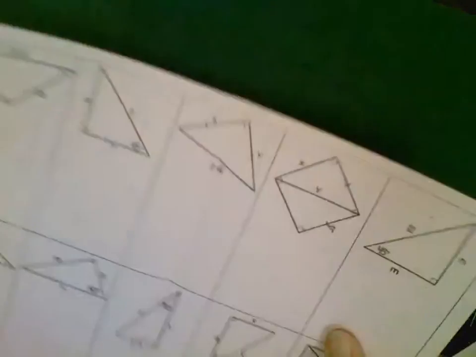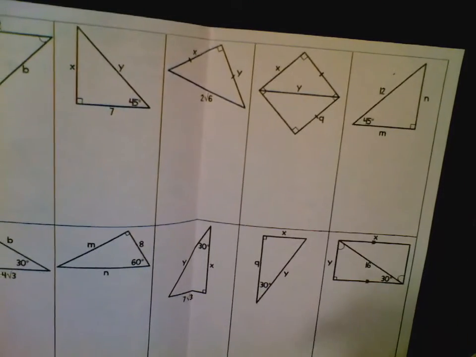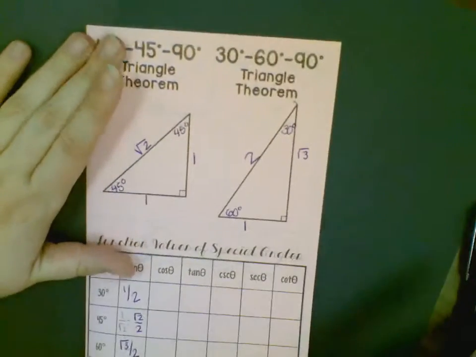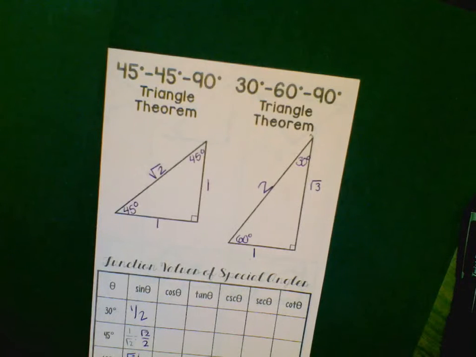Not only is this what we're going to do with it, we're also going to look at triangles that are 30, 60, 90, and 45, 45, 90, and find their missing sides using those special relationships. This is what we did back in geometry when you learned about 30, 60, 90. We didn't really talk about it in terms of the trig functions. We found missing sides. Our formulas are pretty much exactly what we have here, but we just put an x with it.